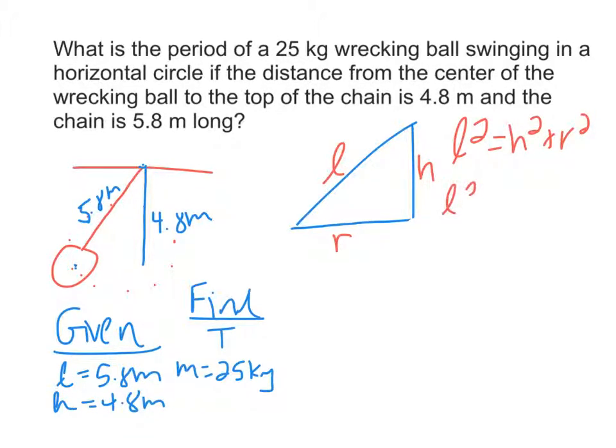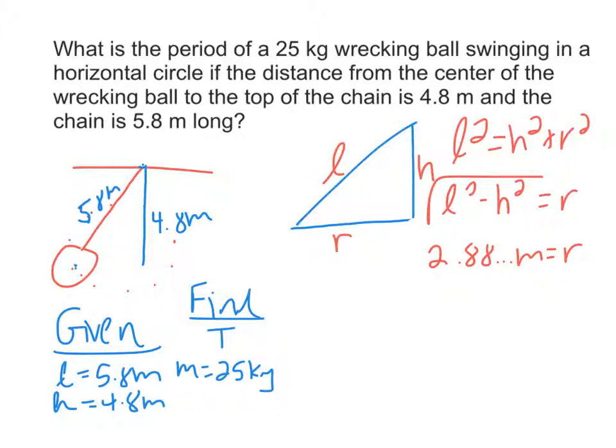So L squared minus h squared, taking the square root of that will give us the radius. So simple Pythagorean theorem. And this comes out to 2.88, keeps on going, meters for the radius. And that's something that you want to store in your calculator, probably as r.